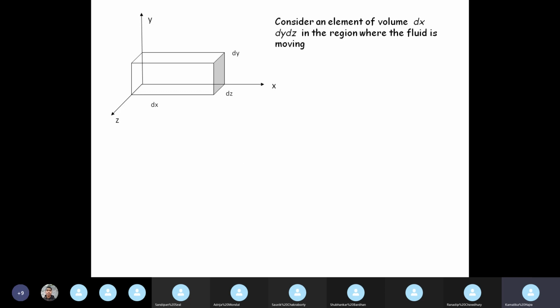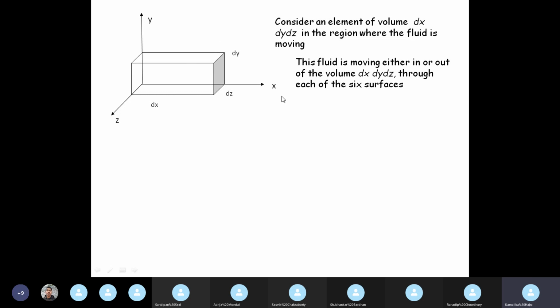Okay, so we consider an element of volume dx, dy, dz in the region where the fluid is moving, and this fluid is either moving in or out of the volume dx, dy, dz through each of the 6 surfaces. This parallelepiped has 6 surfaces: left side, right side, front, back, top, bottom.